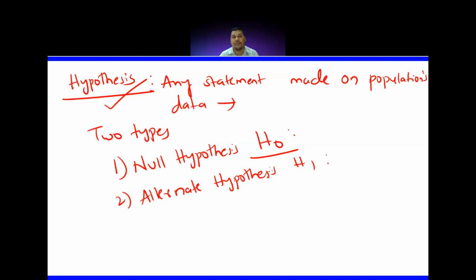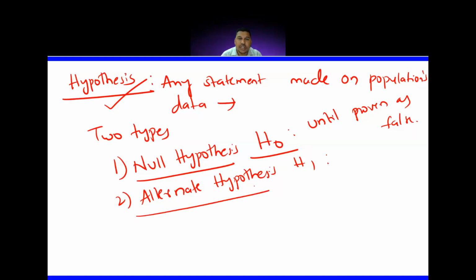That is your null hypothesis. I hope you understood. Hypothesis means making a comment. Whatever comment you made, assume it is true. So, the null hypothesis means any statement made on the population's data is assumed to be true until it is proven false.